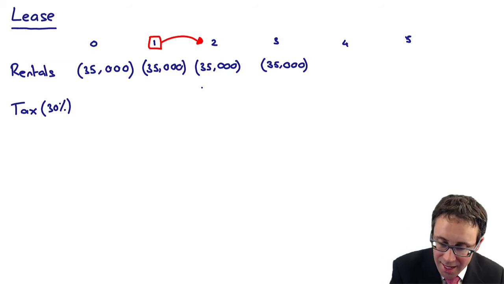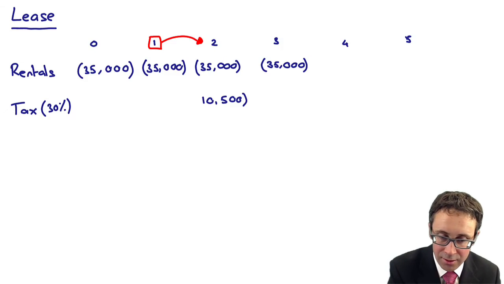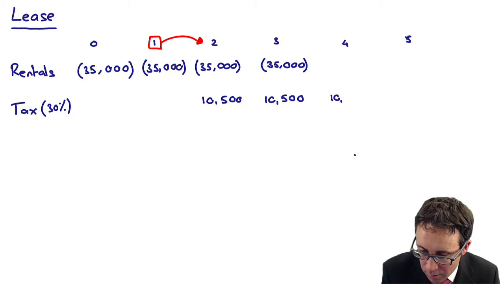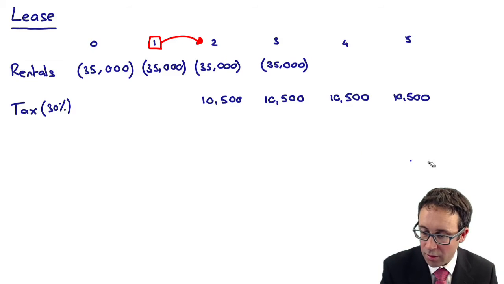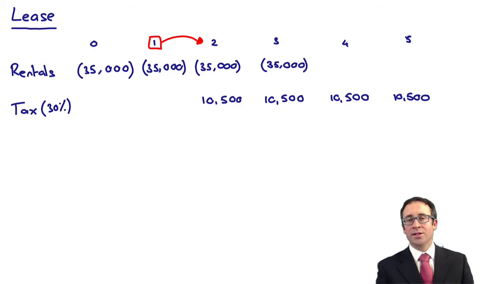The tax saving at 10,500 is in year 2. And then as there is a 4-year lease, there will be 4 years' worth of those tax savings. Boy, oh boy, oh boy, that's a challenge, isn't it?